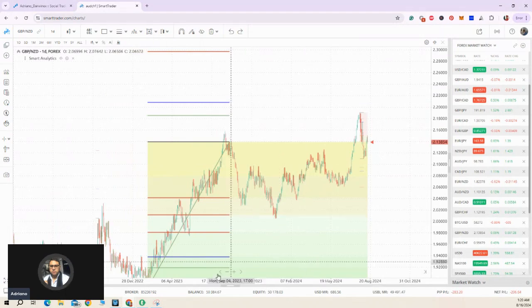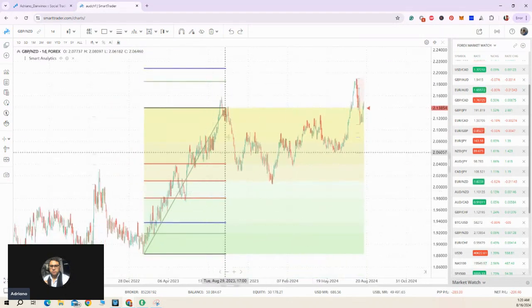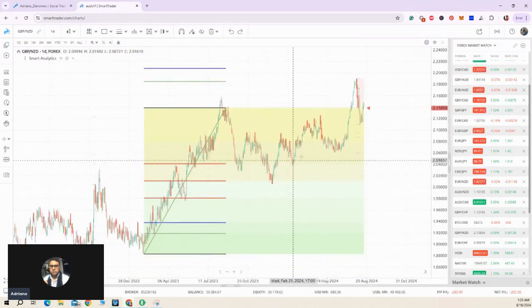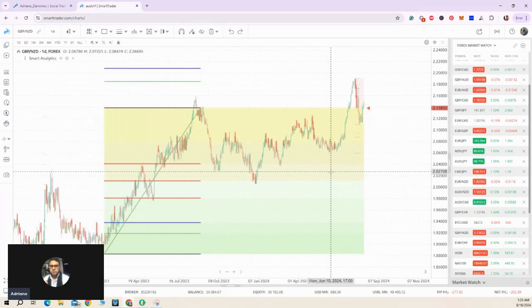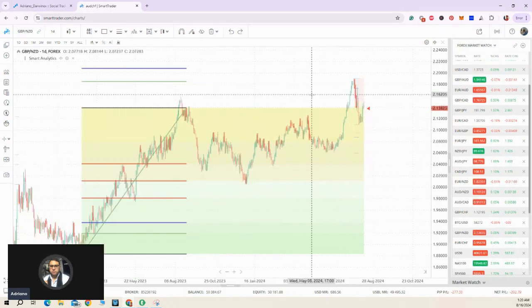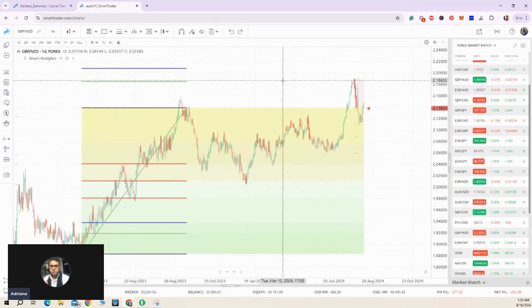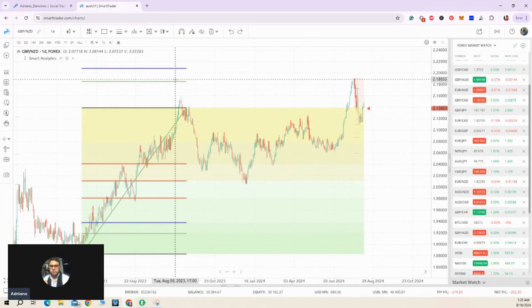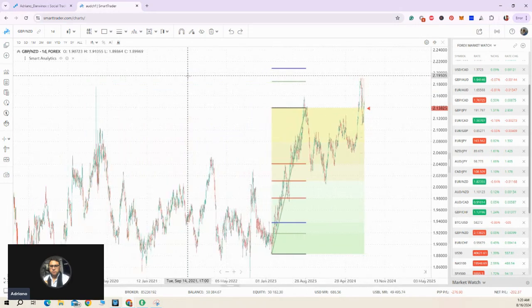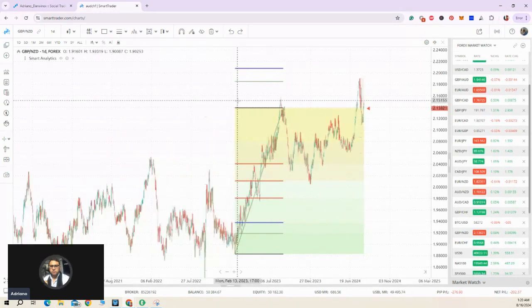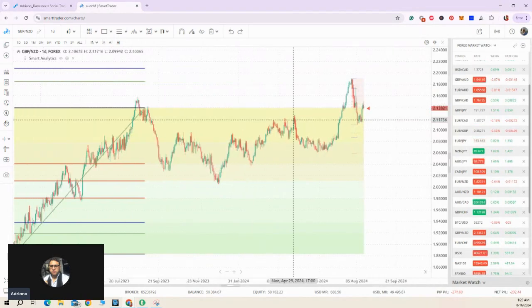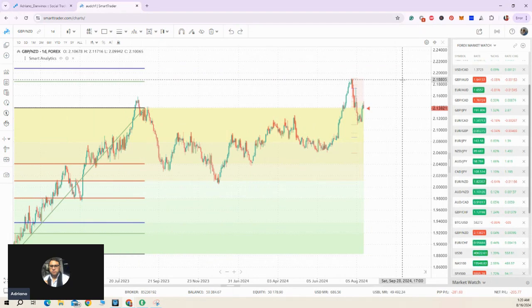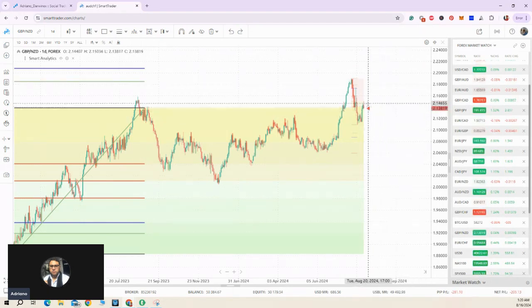On the daily, we are on an upswing. Then the market found a resistance here. Let's see what we have. We don't have anything over there. 218, 213.